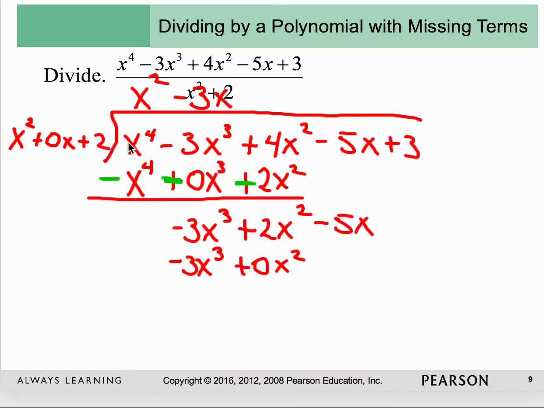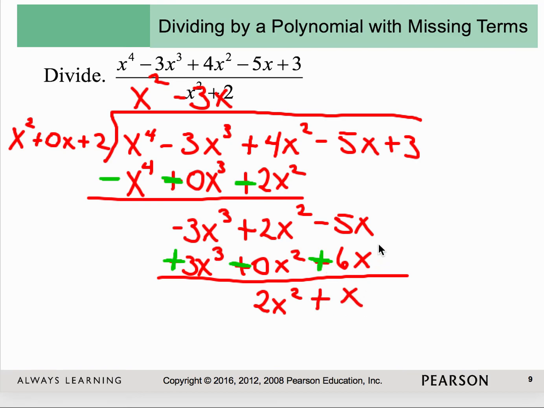Negative 3x times 2, minus 6x. Now we subtract, or in other words, change the signs. Okay, this is 0. 2x squared minus 0 is 2x squared. Minus 5x plus 6x is plus x. And bring the next one down.